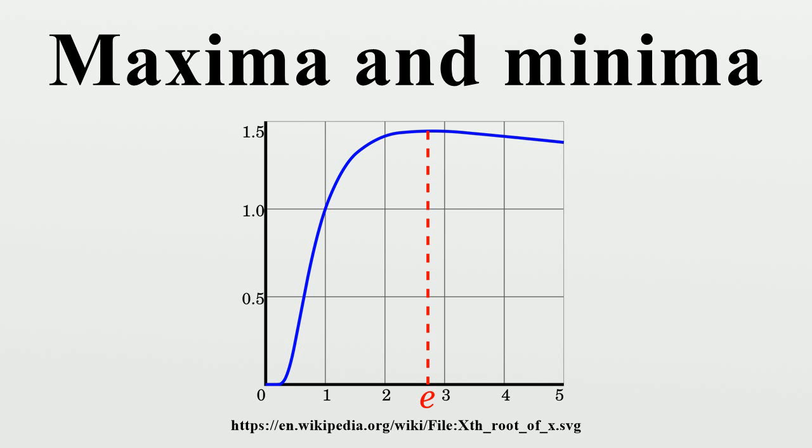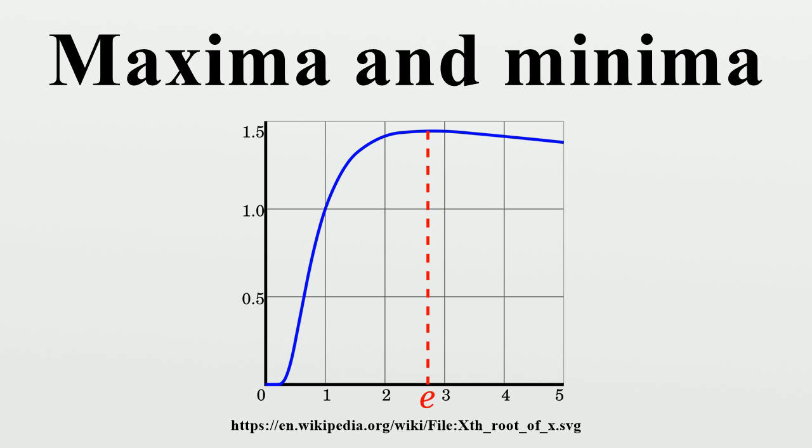The function x³/3 minus x has first derivative x² minus 1 and second derivative 2x. Setting the first derivative to 0 and solving for x gives stationary points at -1 and +1. From the sign of the second derivative we can see that -1 is a local maximum, and +1 is a local minimum.